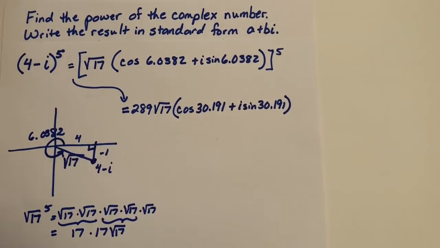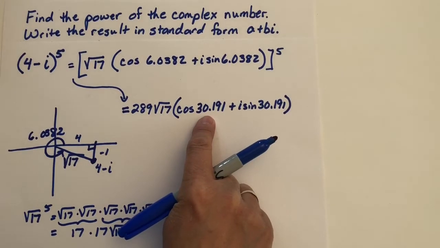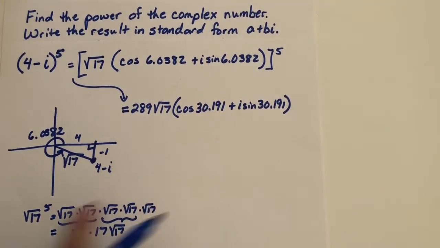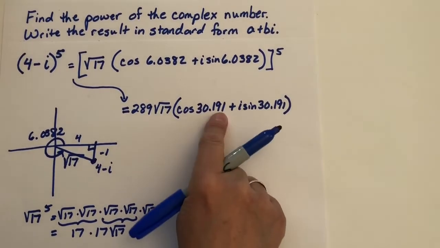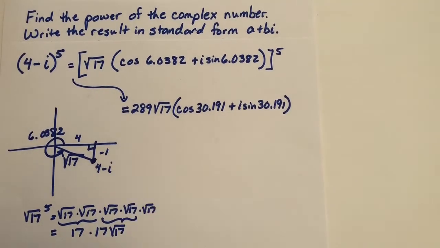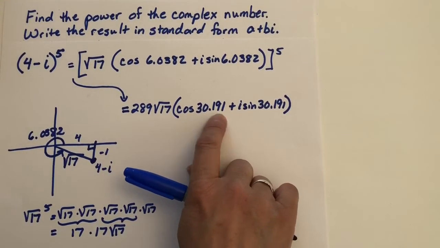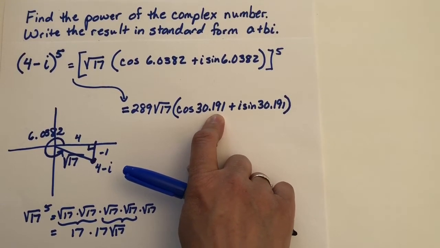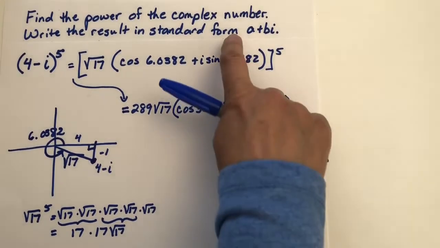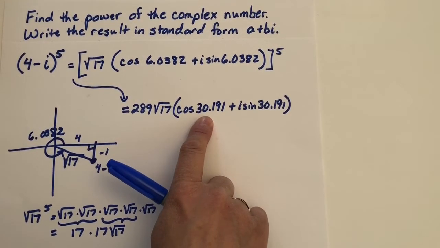I'm going to leave all those places in my calculator so that my answer will be more accurate. I wrote this down this way, so it's easier for me to follow what's happening. And if I were going to present my answer in trig form, I could leave it here, or maybe I would find a coterminal angle to this that's between 0 and 2 pi. But since we're going to rectangular form, there really isn't any need to do that.